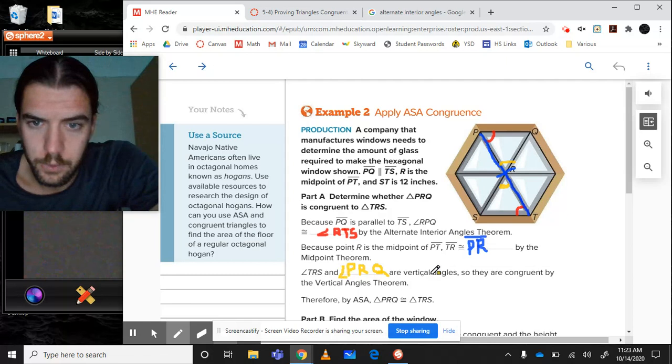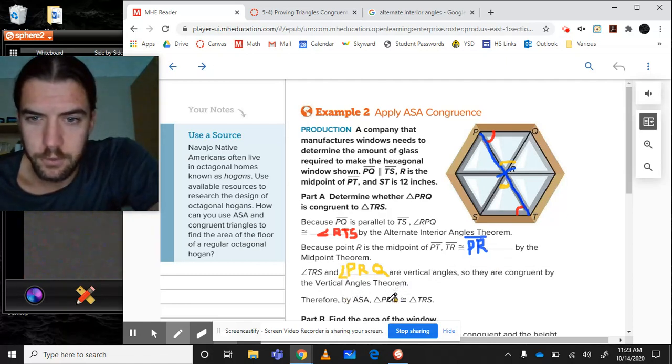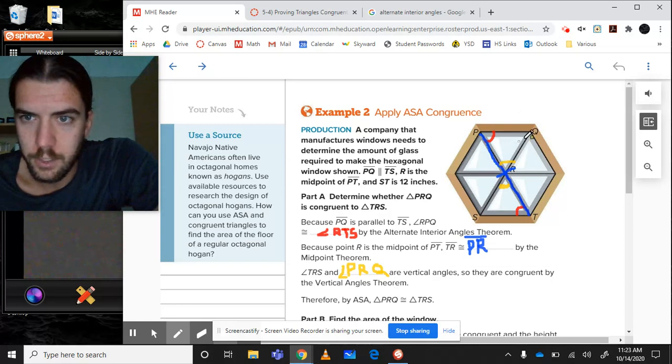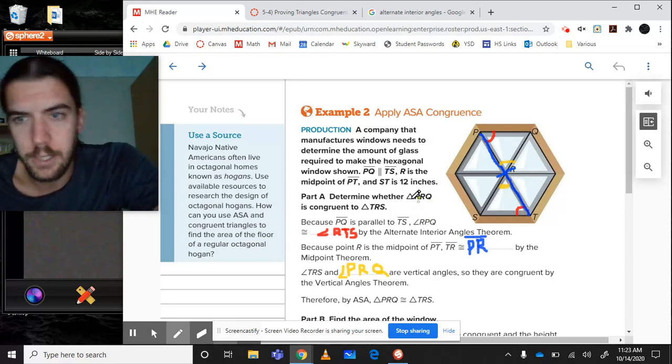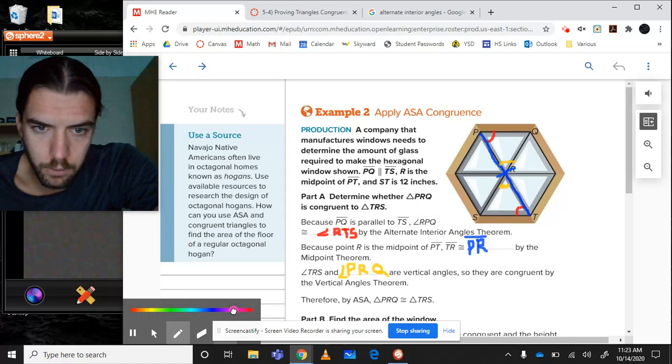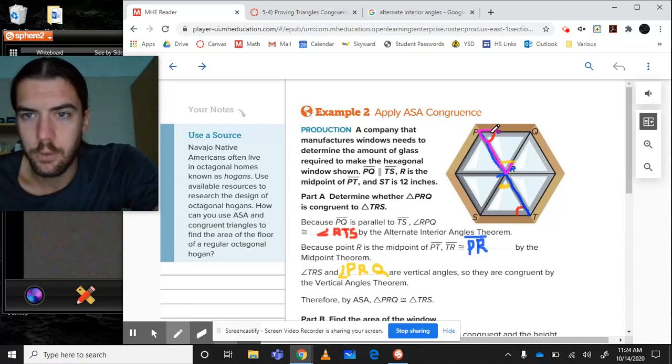Okay. So then we're saying, therefore, the triangle PRQ, this one, and the triangle TRS, this one, must be congruent. Well, did we have an angle side angle pair in there? I think we did. So for the first one, we had this angle, this side, and this angle. And we showed that the two angles in there had a partner.